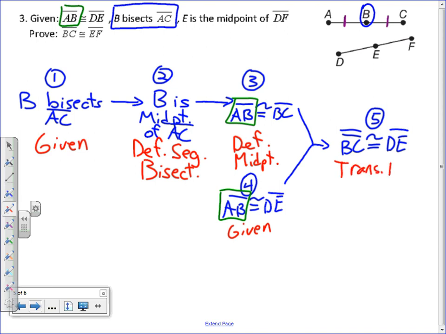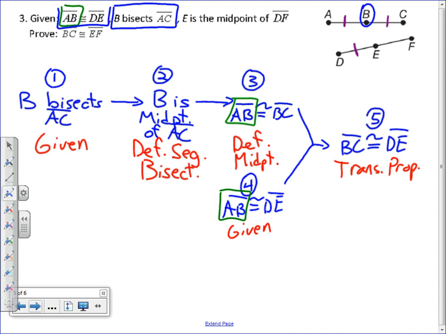Looks like I wrote a couple segment bars there. And I can also mark that on my diagram. So now I have AB, BC, AB, and DE. So I have 3 of the 4, and I just need EF. Oh, we got one more given.